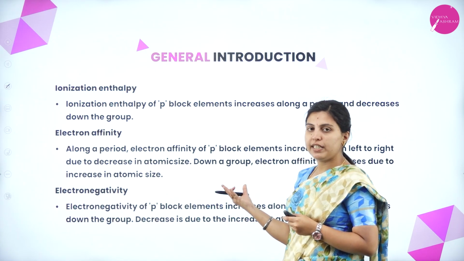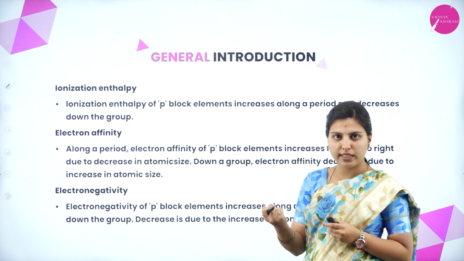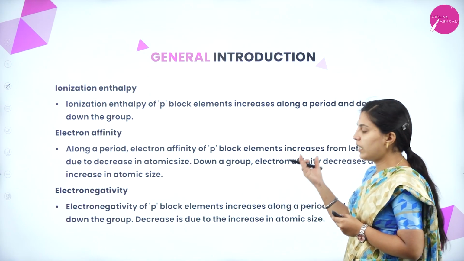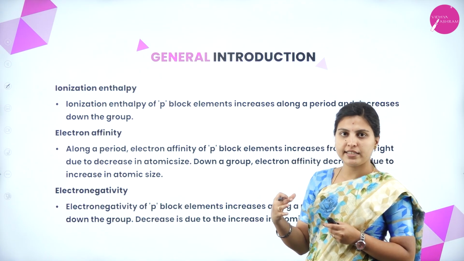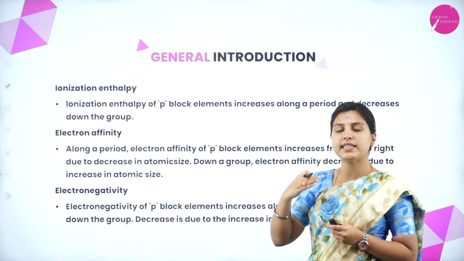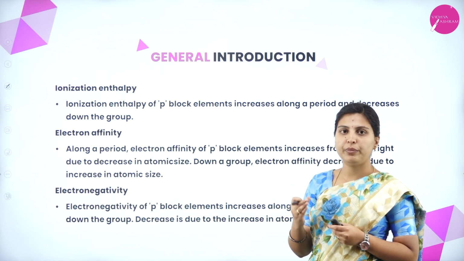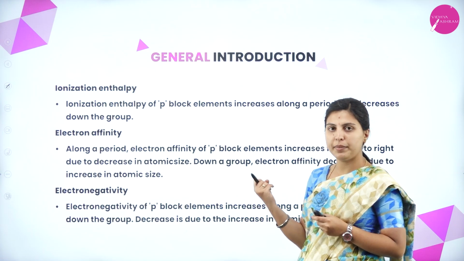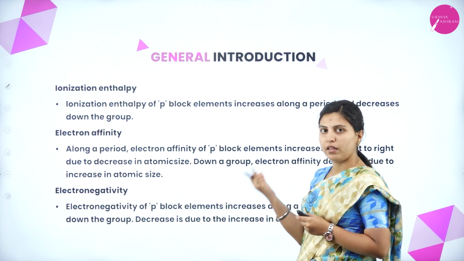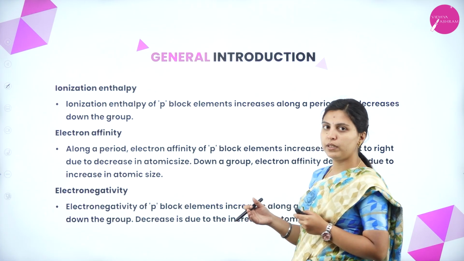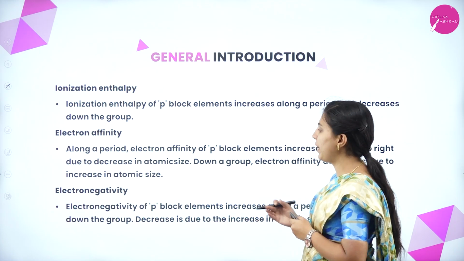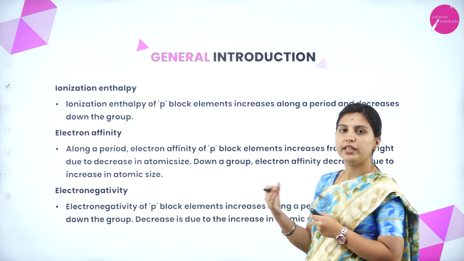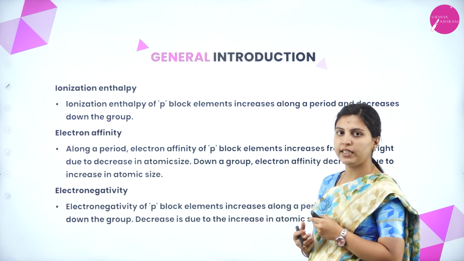Electronegativity is nothing but the pull of electrons towards the nucleus. As the atomic size decreases, the distance between the nucleus and the external electron will be less. So, it will get attracted very easily, and by that electronegativity will increase. But down the group, vice versa will happen. The main reason for electronegativity decrease or increase is the atomic size.